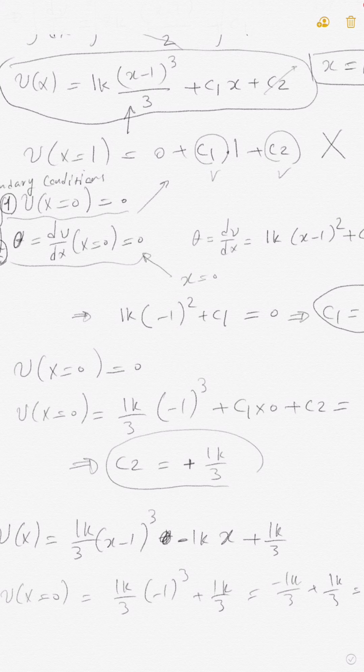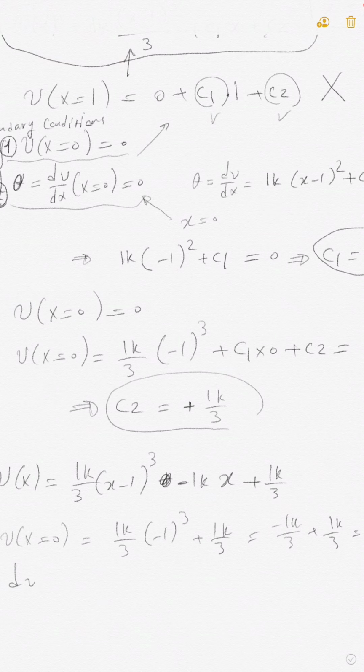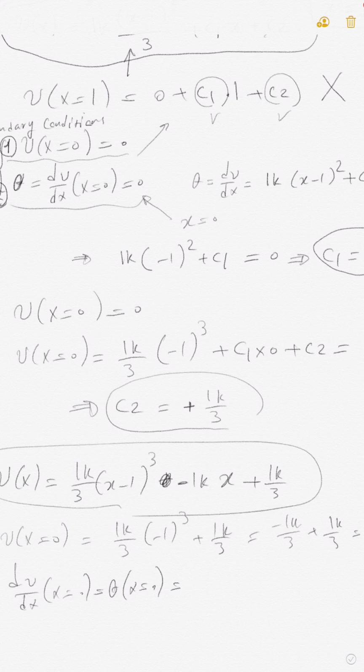The deflection at point x0 is 0. What is the derivative of deflection at x0, which is theta at x0? Well, take the derivative of this equation. You get 3k over 3 (x minus 1) squared minus 1k, right? Now evaluate that at x equal to 0.